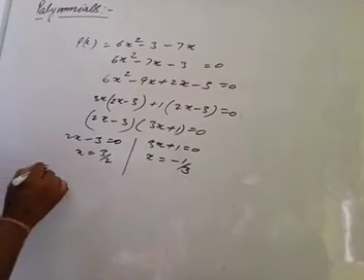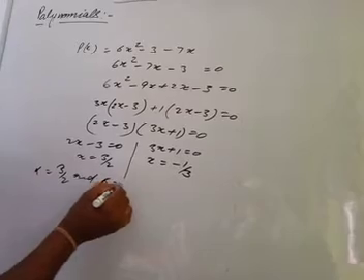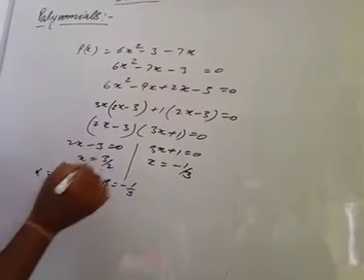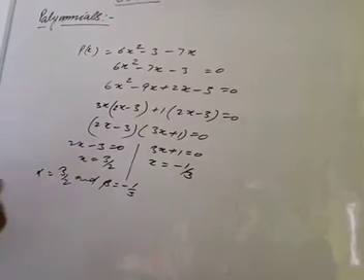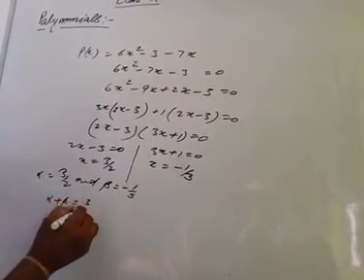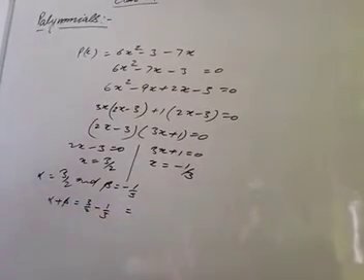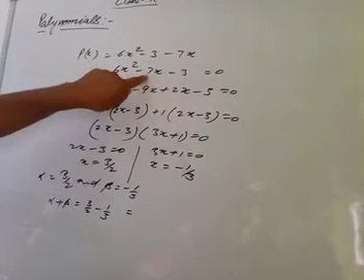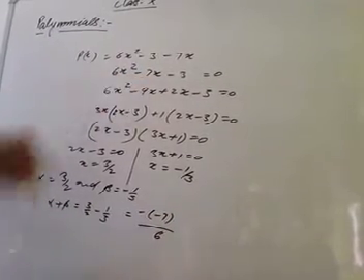So suppose alpha is equal to 3 upon 2 and beta is equal to minus 1 upon 3. These are the zeros. Now we will do the verification. Alpha plus beta is 3 upon 2 minus 1 upon 3. It must be equal to minus b upon a, where b is minus 7, so minus of minus 7 divided by a which is 6.